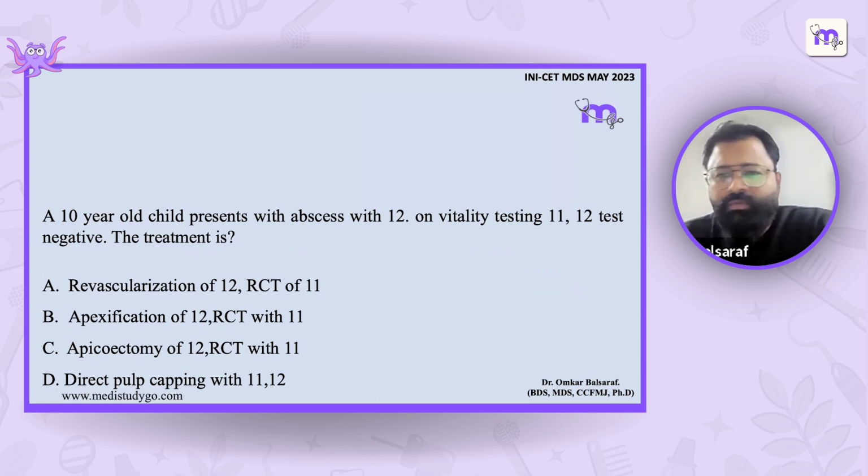Now here, as a hint, if there is an abscess, your D option does not stand, because you can't go ahead with direct pulp capping when there is an abscess. Since the vitality test is also negative, there is no use doing direct pulp capping.